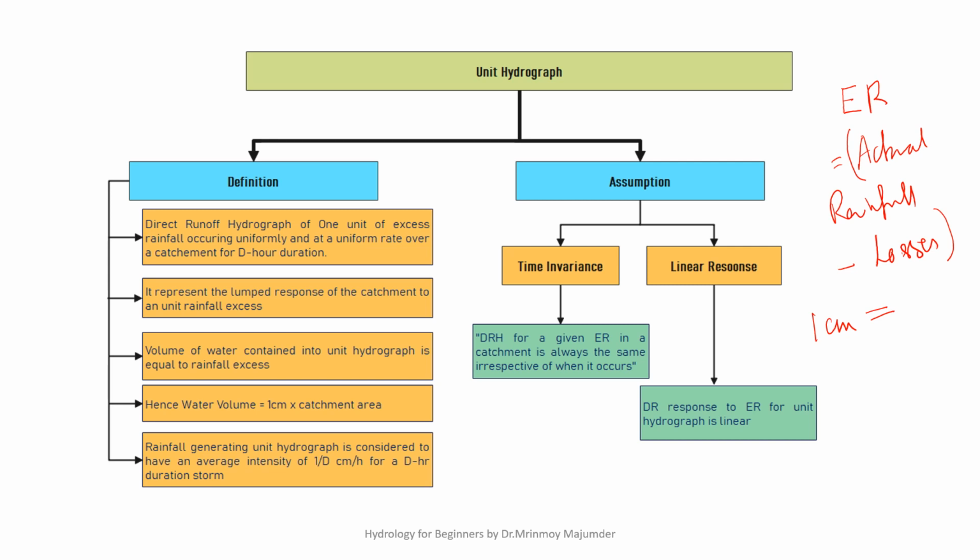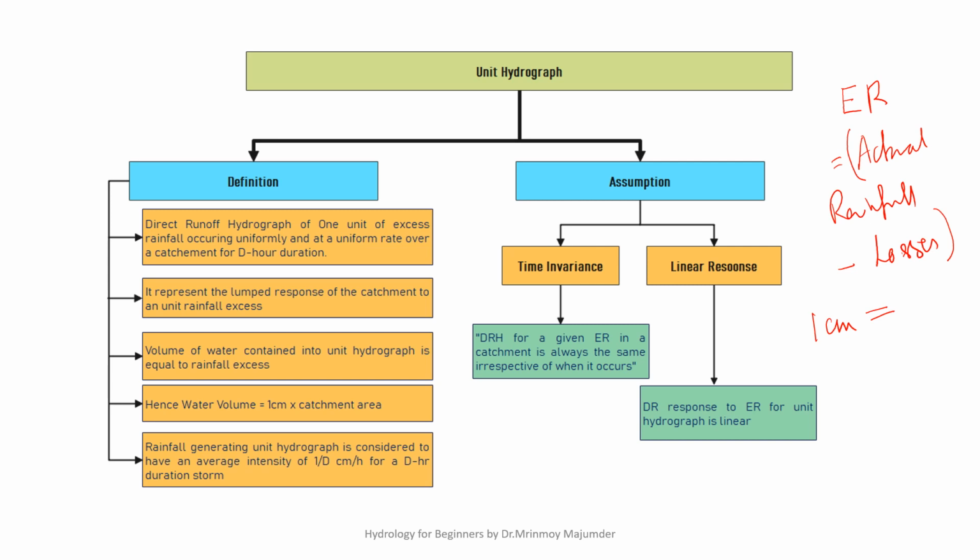The benefit of using unit hydrograph is that when there are complex storms that occurred in the watershed, the method of superimposition can be done easily. And there are two more very important assumptions due to which the calculation of the impact of excess rainfall on a catchment or on a hydrograph can be easily established.